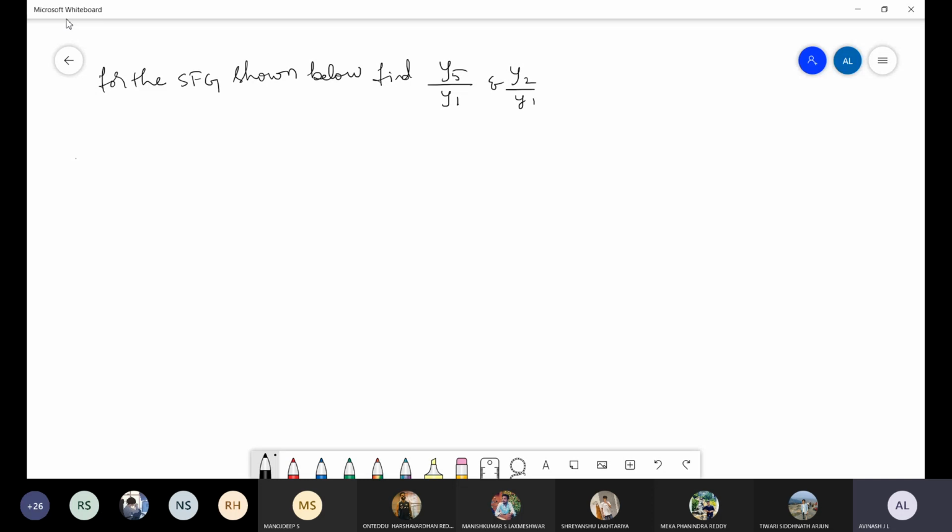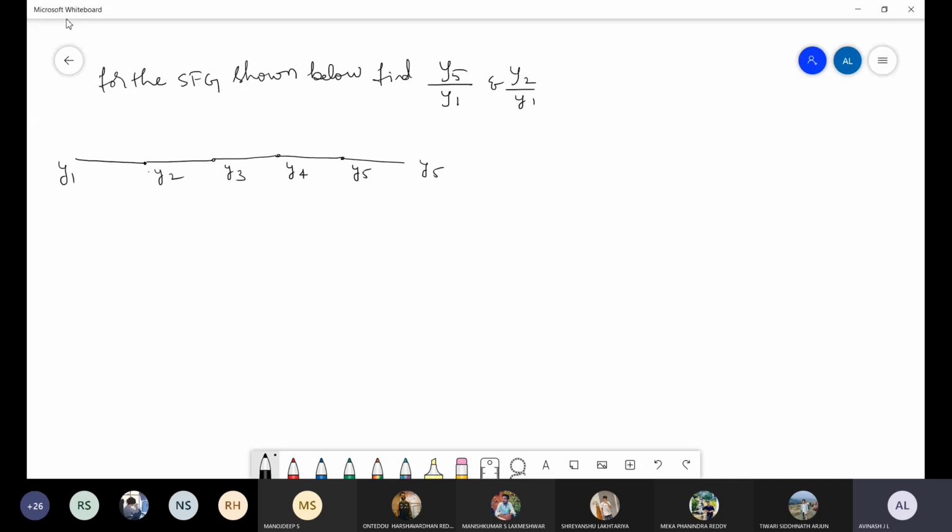So what is the signal flow graph they have given? They have given it in such a way that it is Y1, and it is Y2, Y3, Y4 and then it is Y5, taken as Y5 only lastly.